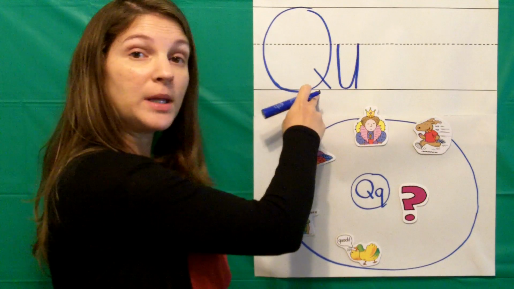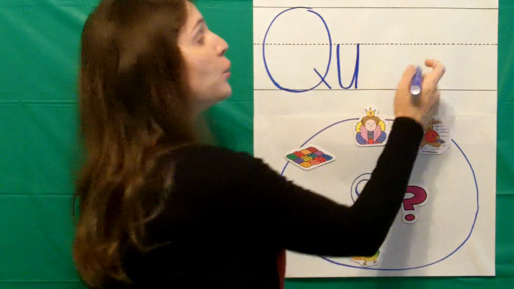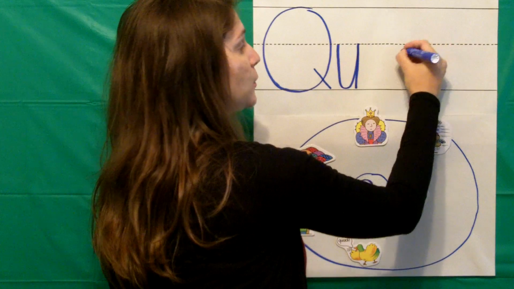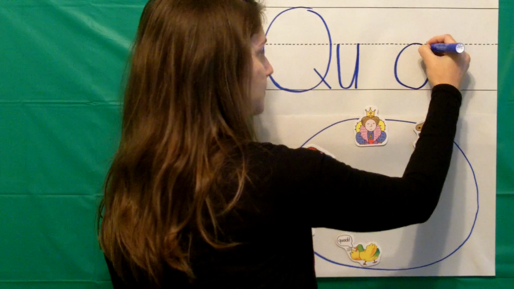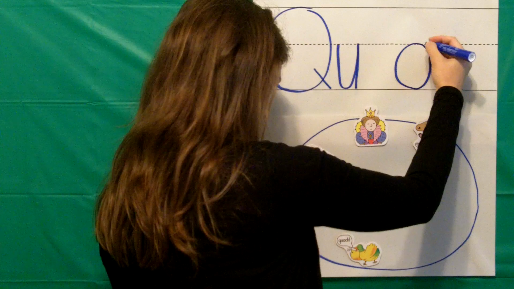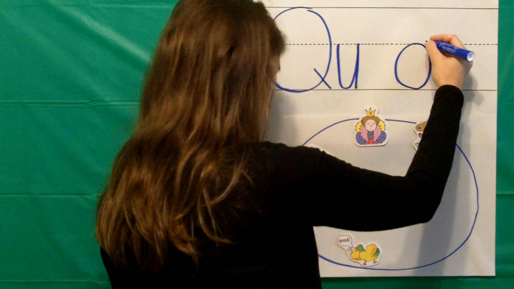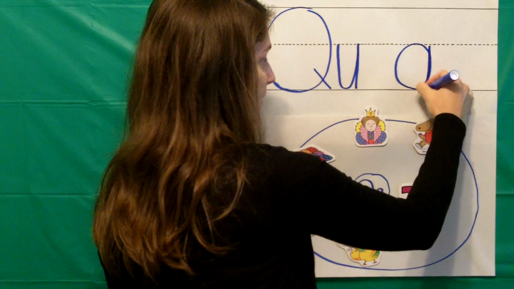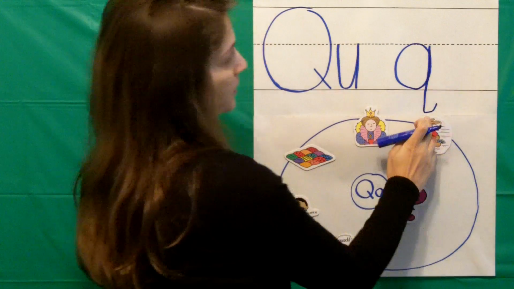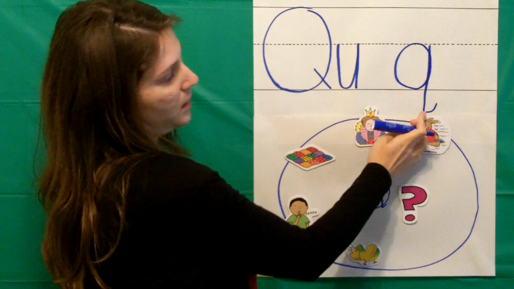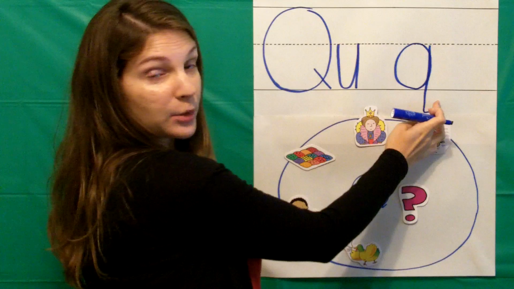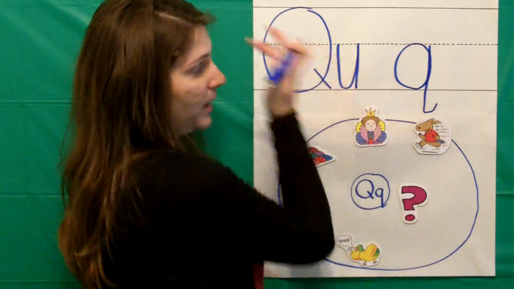This is a fancy queen, and the fancy queen has a little pearl that she likes to wear. Give Q's hair a special curl. So the lowercase q kind of curls up just a little bit, just like that, okay?